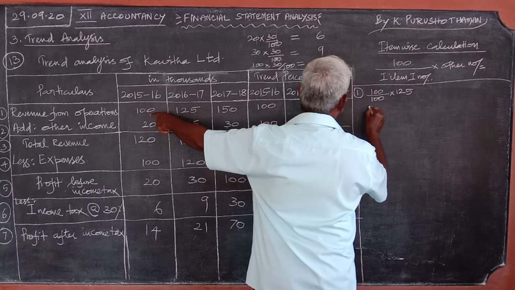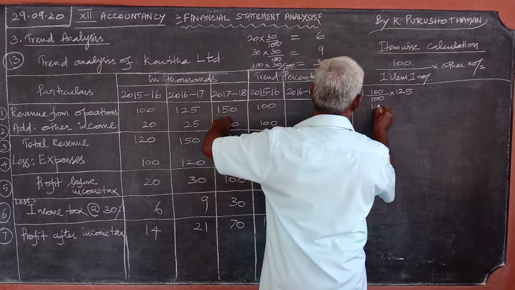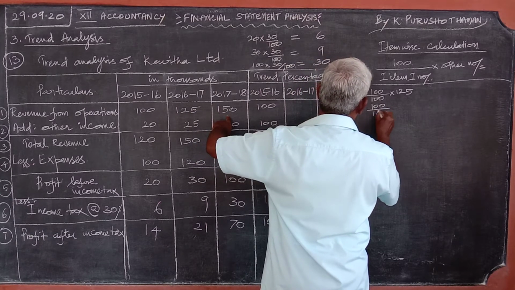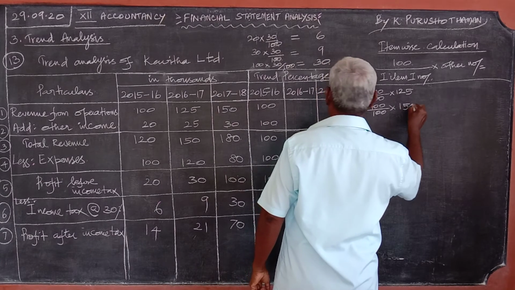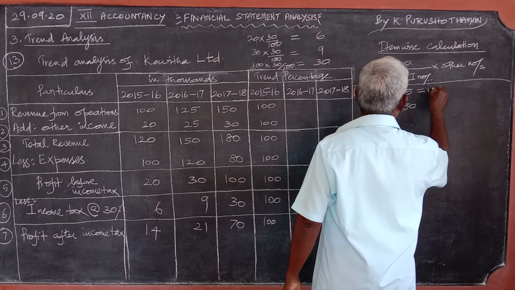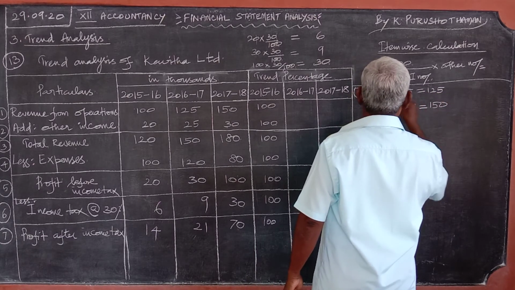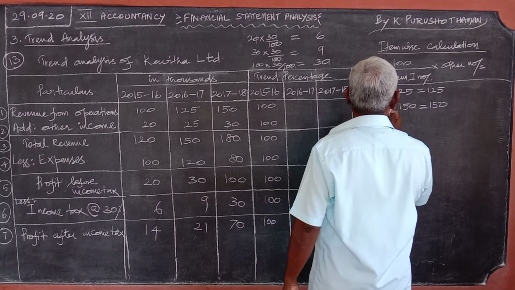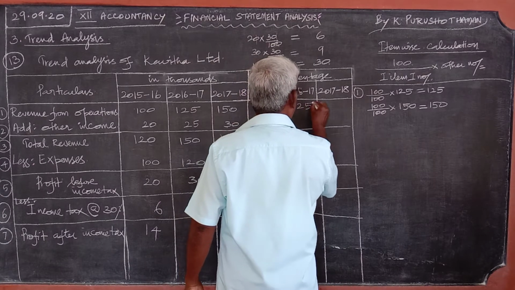The same thing for this third year also: 100 by 100 into 150. Find the percentage and write: this is 125, this is 150. Because the numerator and denominator are both 100, they cancel each other. Therefore, 125, 150.